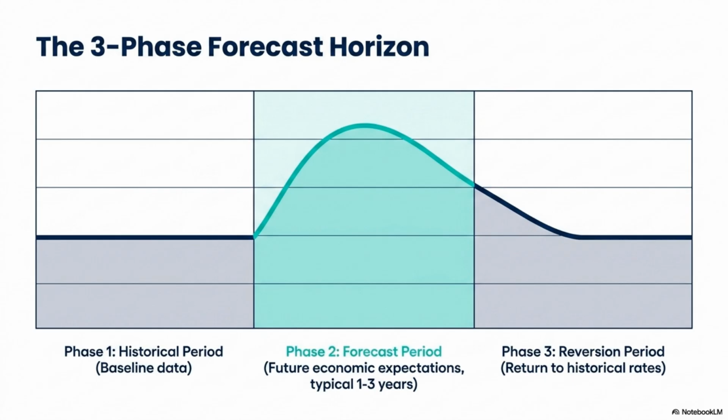Phase 3 is the reversion period, where loss rates are brought back to historical norms, either through an abrupt switch or a gradual straight-line reversion over 1 to 2 years. The length of the forecast period is not prescribed. It must be supportable with reliable data, and that choice must be documented.